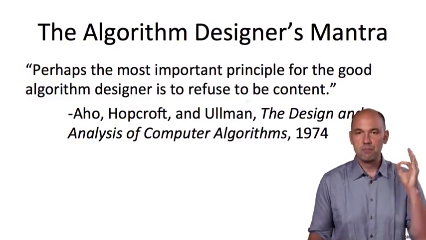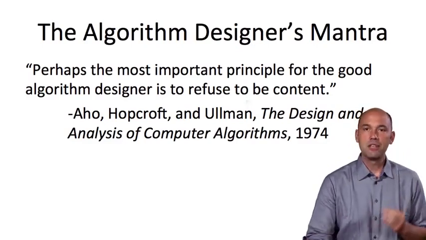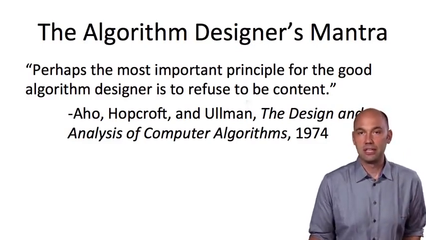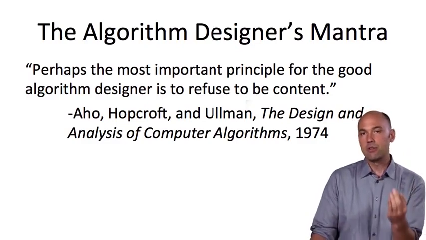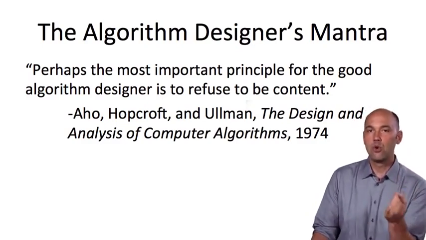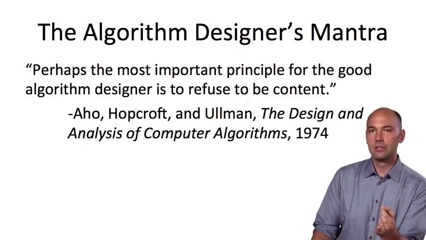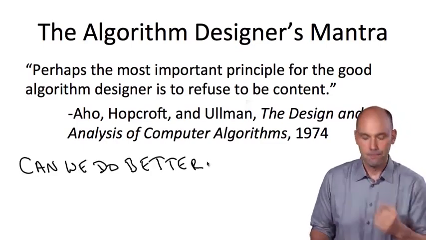And I think this is a spot-on comment. I might summarize it a little bit more succinctly: as an algorithm designer, you should adopt as your mantra the question, can we do better?